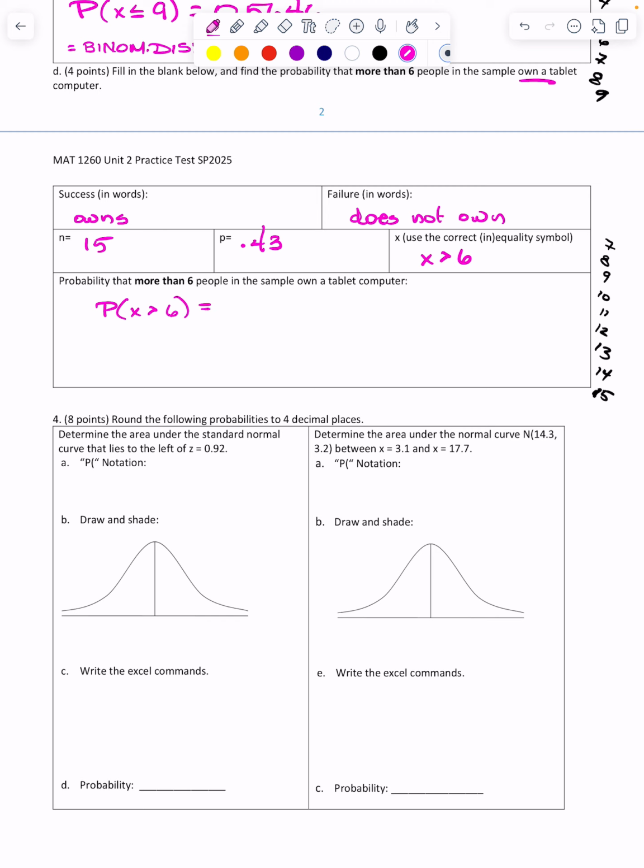Again, we are adding the probabilities for 7 through 15. And let's see, I got 0.4847.